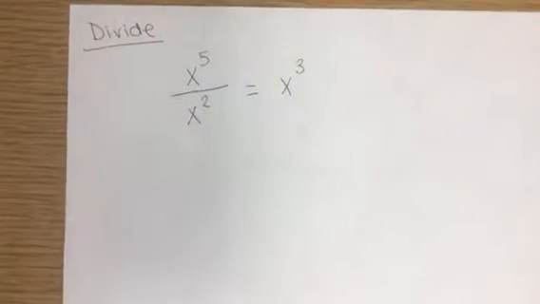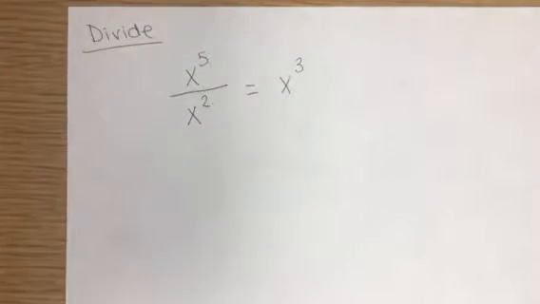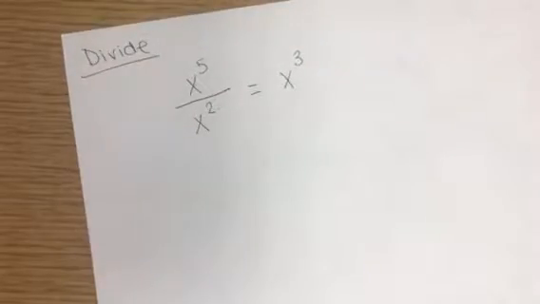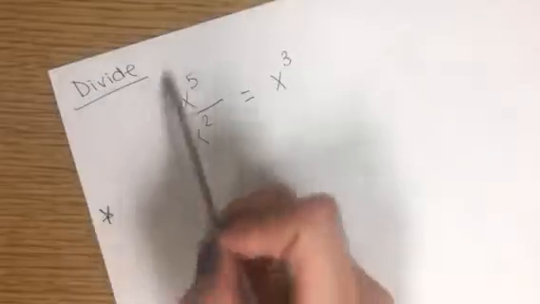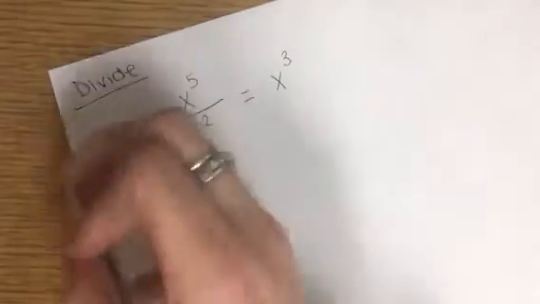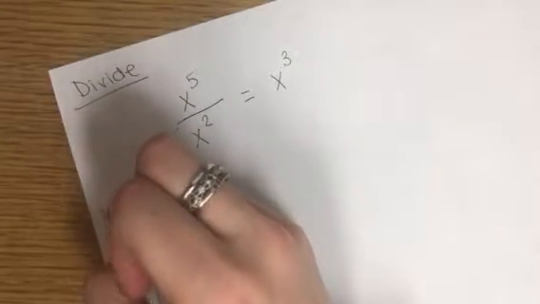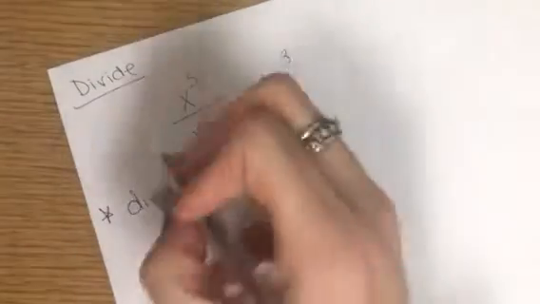Now, similar to the other properties that we were looking at in our notes yesterday, we're still going to potentially have to deal with coefficients sitting in front, and coefficients always stick to the original property. So our coefficients are either going to be divided, but remember with fractions, sometimes all we can do is reduce.